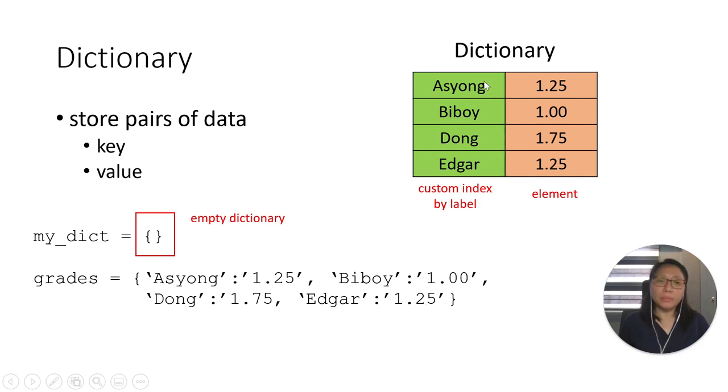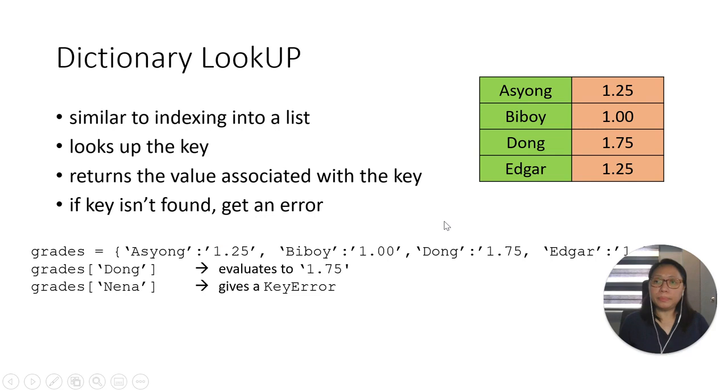So visually it looks like this. So this is our dictionary. We look up into the dictionary using the key instead of using a numeric index.